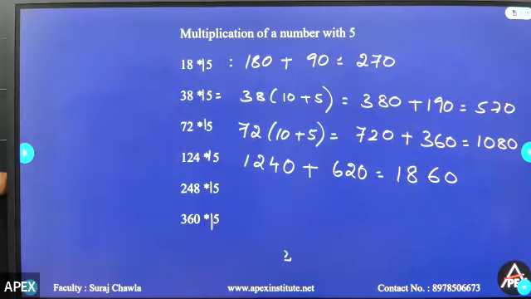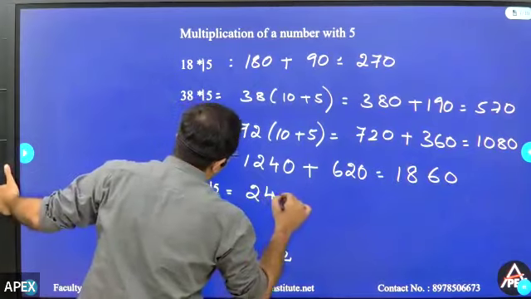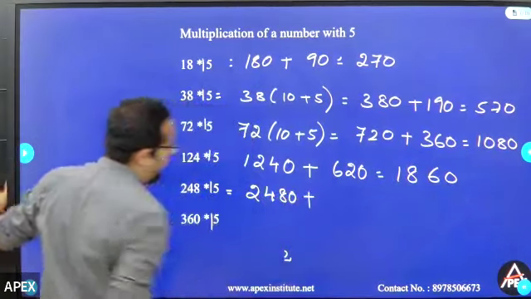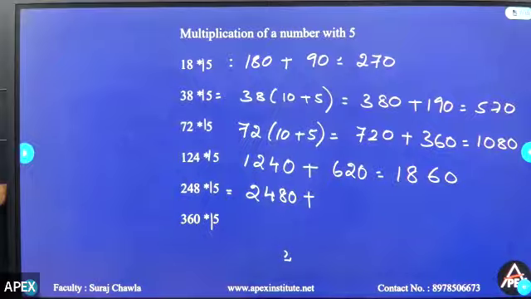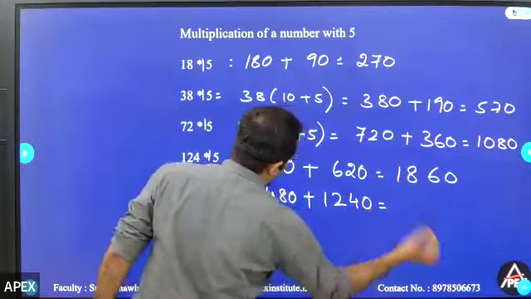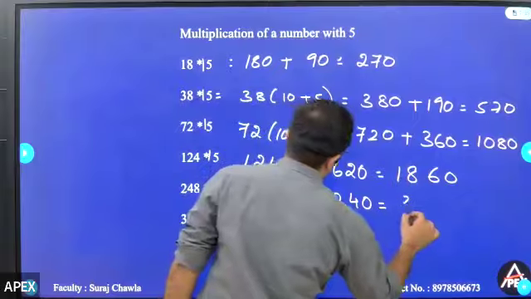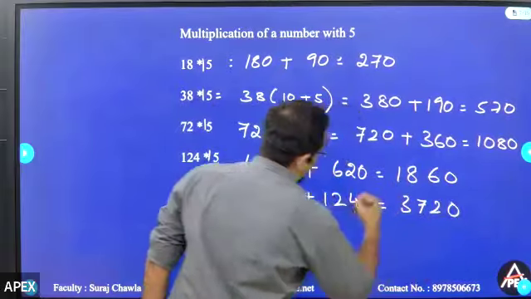Clear? So 248 into 15. 248 into 15 is going to be 248 into 10, that is 2480, plus half of 2480, and that half of 2480 is going to be 1240. So that's going to be 3720.